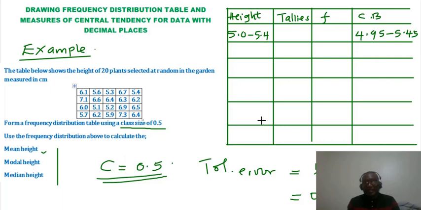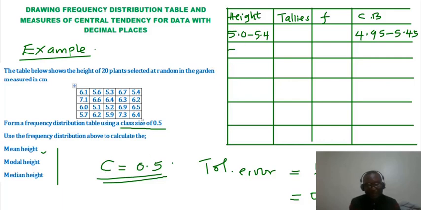The next classes are going to be obtained in a simple way, just getting the class width, and you keep on adding until we make sure that the biggest value here is covered. So we scan through again, and then we identify the largest value. So the largest value here is 7.3. Alright, so we start plus 0.5, which is the class width.